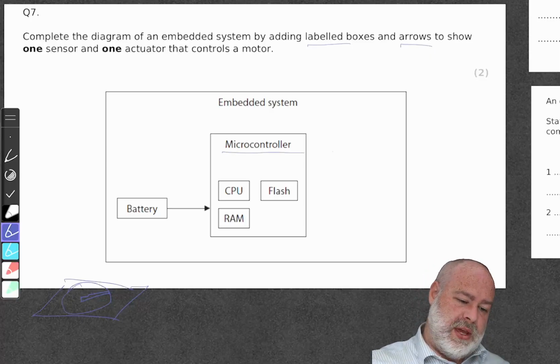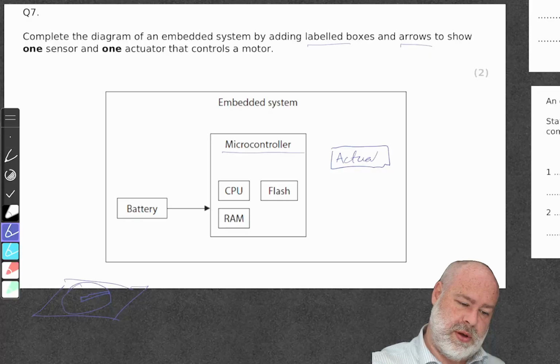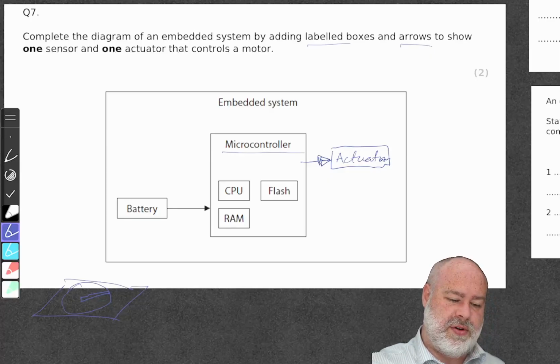So have the actuator outside of that system. The actuator might be here, and our microcontroller is going to have the arrow coming out of it with the arrowhead pointing towards it. You don't necessarily need to know that it's part of a motor, although it's not going to be part of the microcontroller.